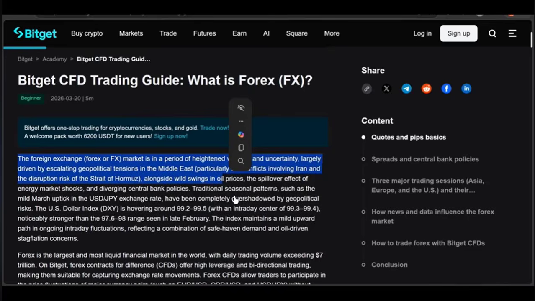Forex simply means foreign exchange, which is the process of trading one currency against another. For example, you have probably seen pairs like EUR/USD, GBP/USD or USD/JPY. Now here's the key idea.